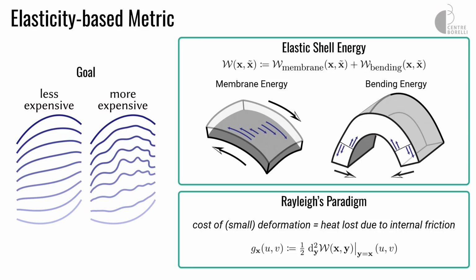And if you want to write this down into formulas, what you end up with is that my Riemannian metric is actually nothing but the Hessian of my elastic energy at the rest configuration. And this is definite because in an elastic model, doing nothing is a global minimizer, and it gives you a nice metric.